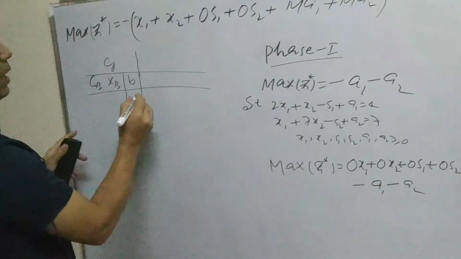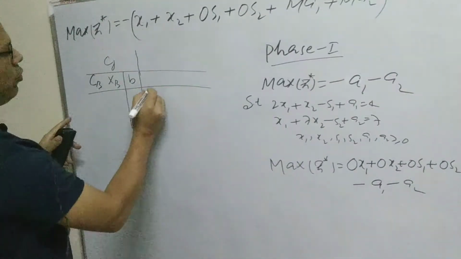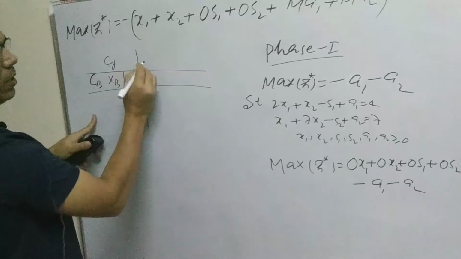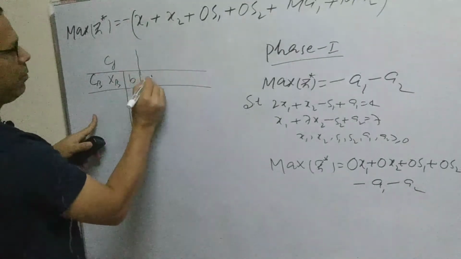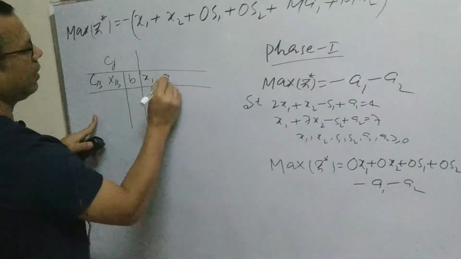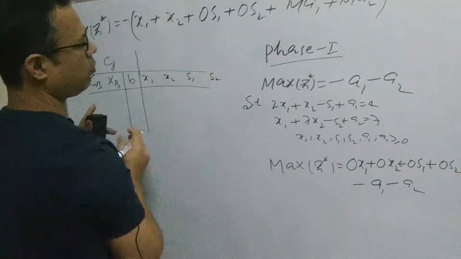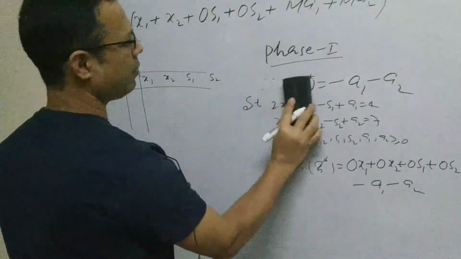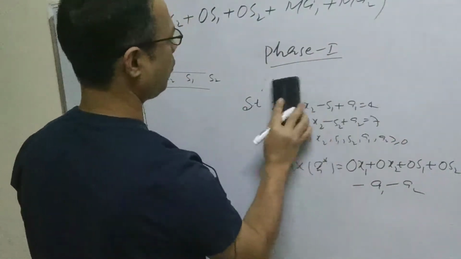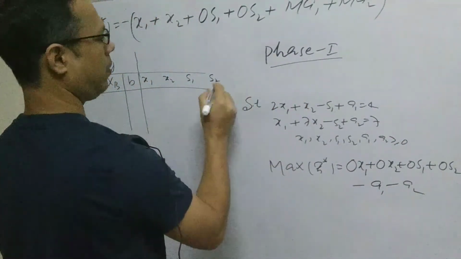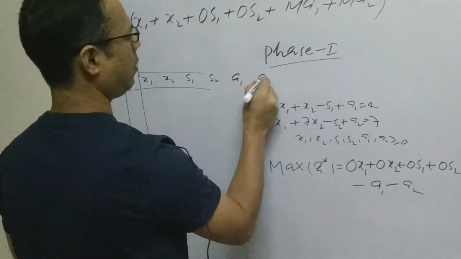So this is the new objective function. Now I am going to write it this way. First we write the variables: x1, x2, s1, s2, a1, a2.